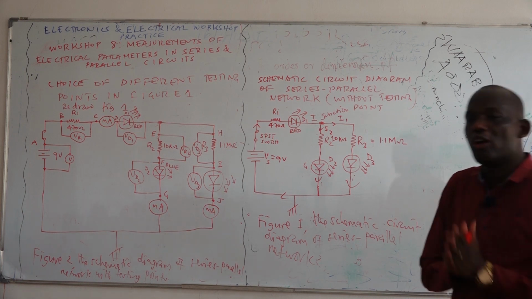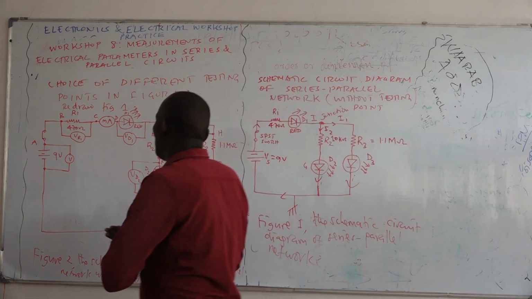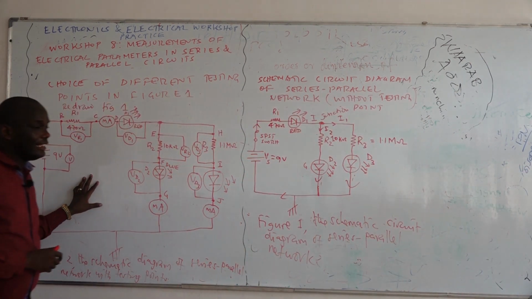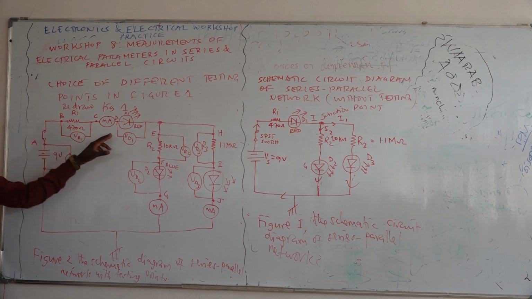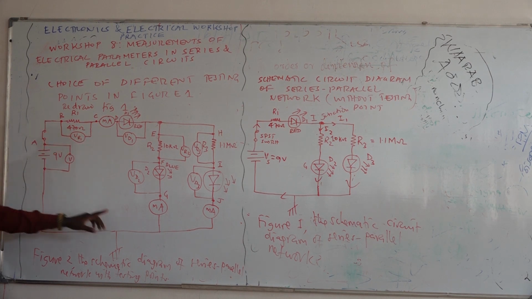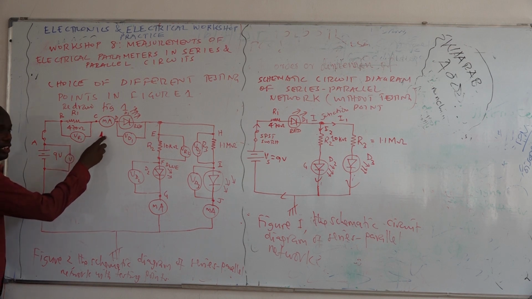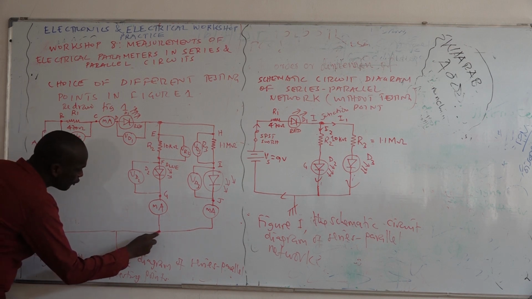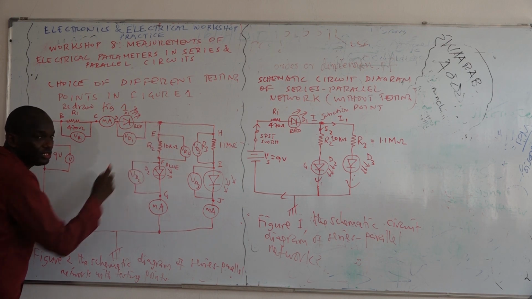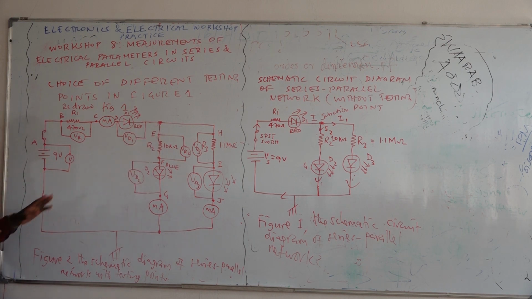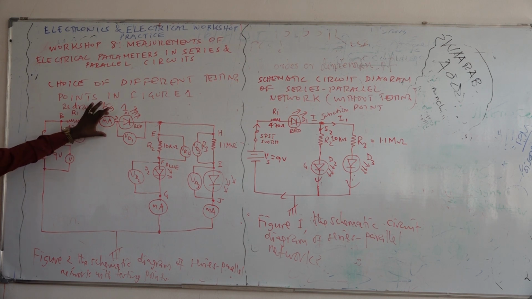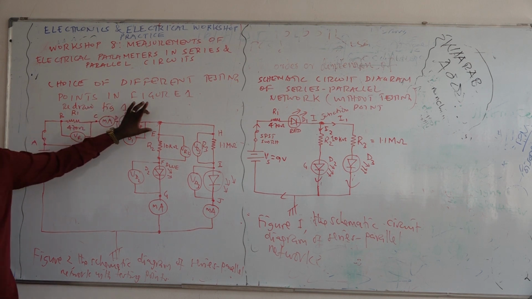Thank you very much. So Mavumba replied to the question properly. Remember that in the case of an ammeter, the ammeter is going to measure the current flow. For instance, this milliammeter will measure the current flowing from this point to this point. So it's not important where you choose to put it.